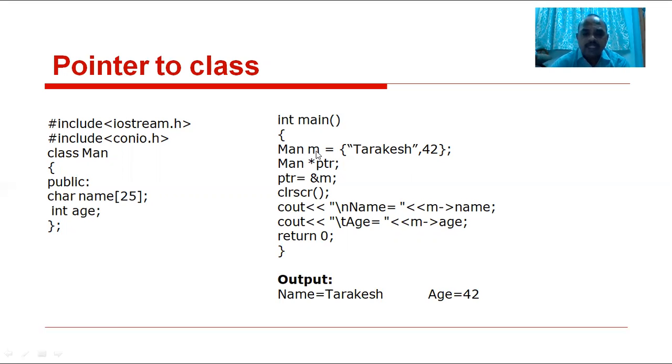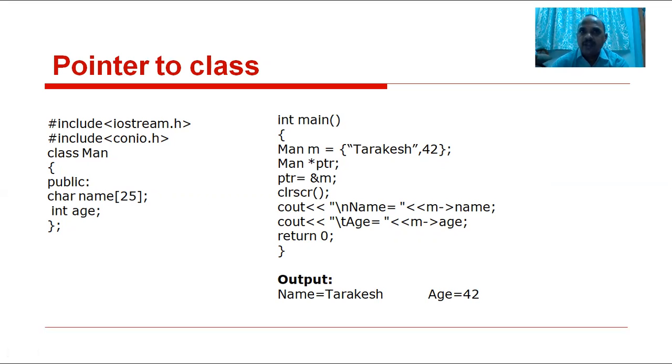But ptr is a pointer variable. How? It is prefixed with the asterisk symbol, which indicates an indirection operator. So ptr is a pointer object.